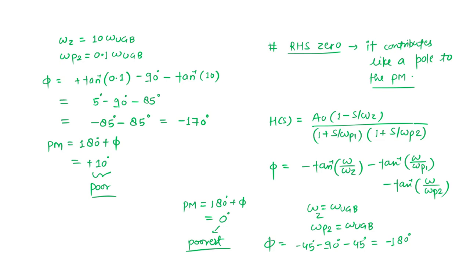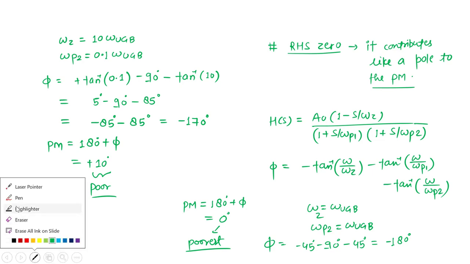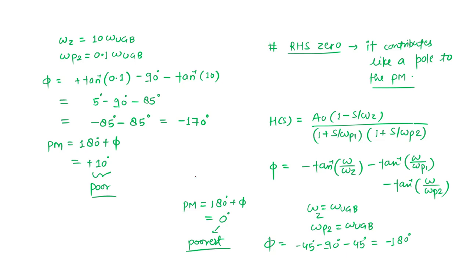Even if it is not contributing exactly minus 45, even if it is contributing minus 5, it is still adding some negative phase. This is already minus 90, so it is giving me some more negative phase, which is not a desirable thing.